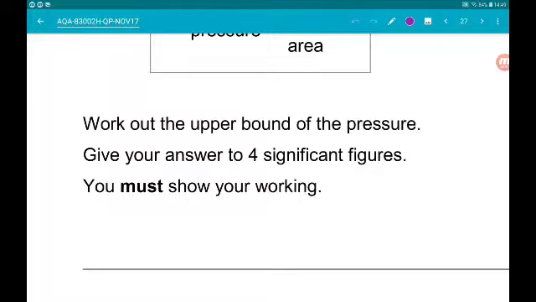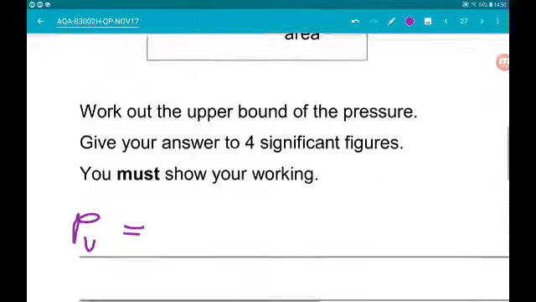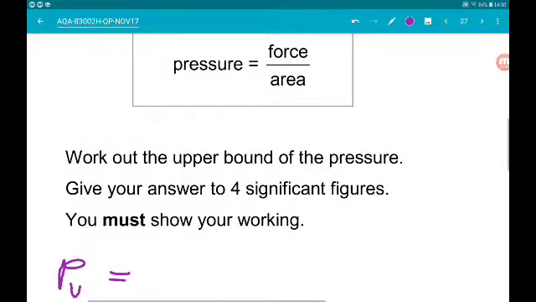Okay, so the upper bound of the pressure, let's call that PU. Pressure is this fraction, force over area. For a fraction to be as big as possible, we want the biggest number on top divided by the smallest number on the bottom.